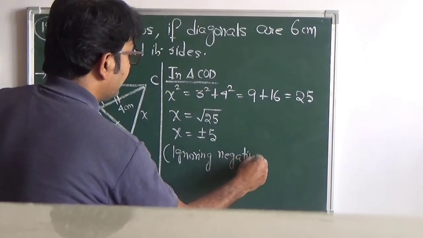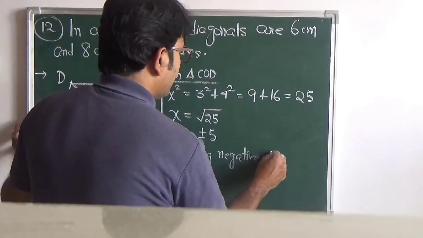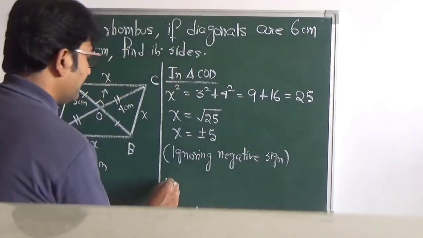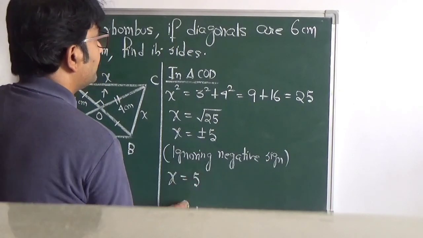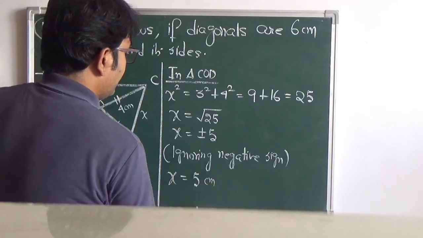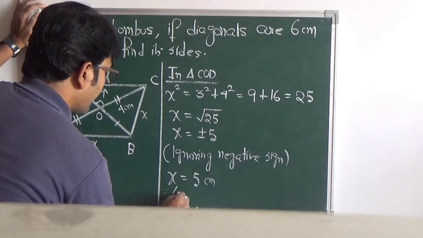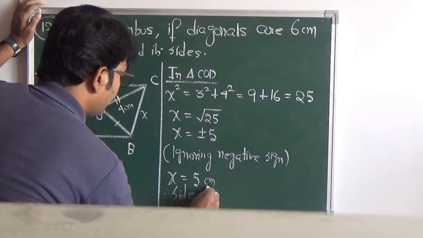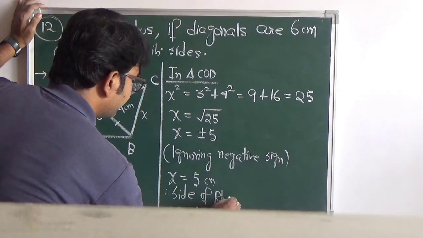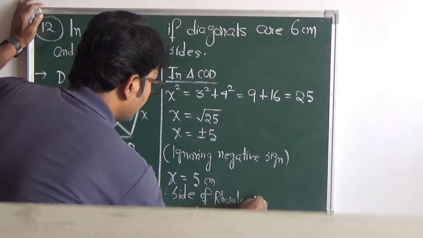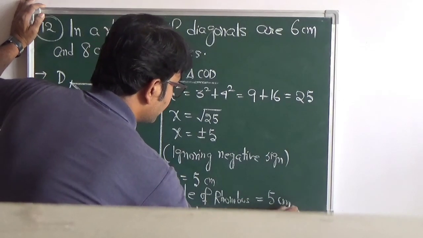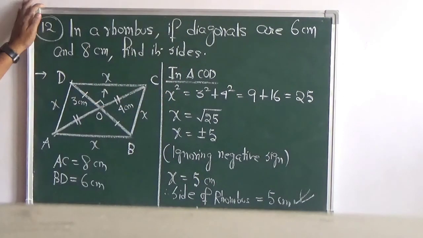Because the length cannot be negative. Ignoring the negative sign, we have x equals 5 centimeters. That means the length of the sides of the rhombus is equal to 5 centimeter, right? So finally we have the side of the rhombus equals 5 centimeters.